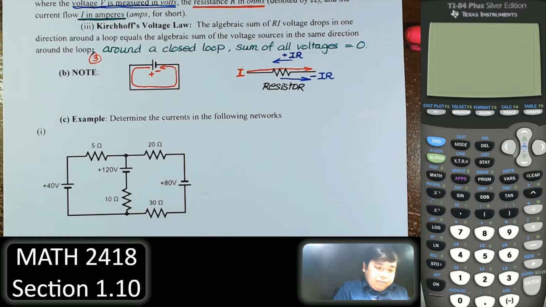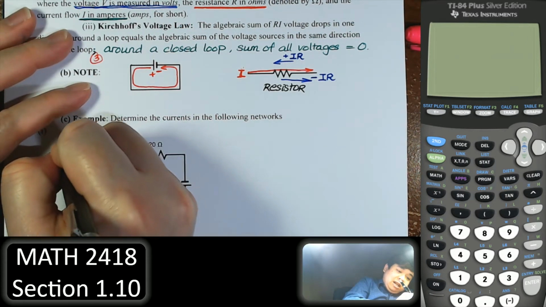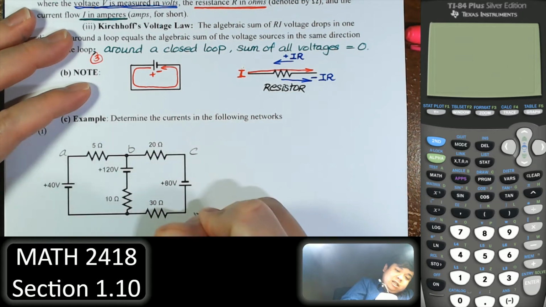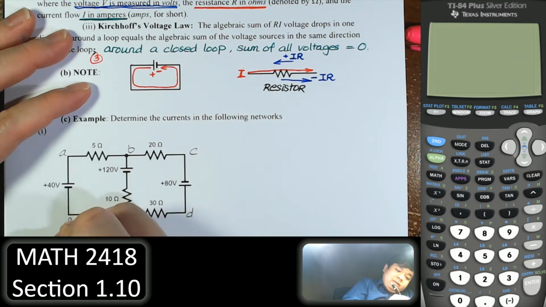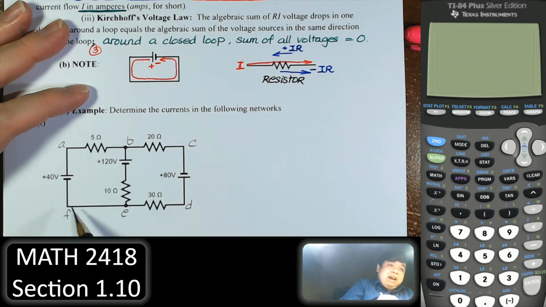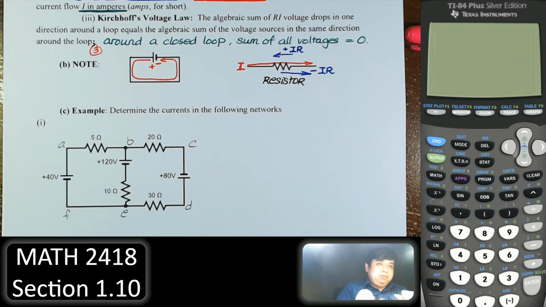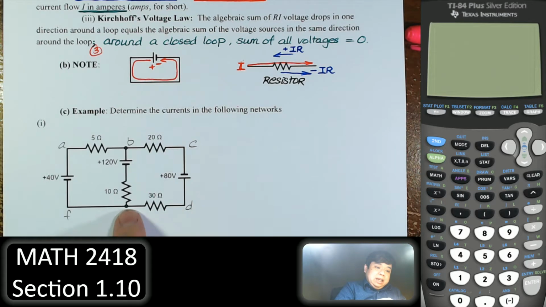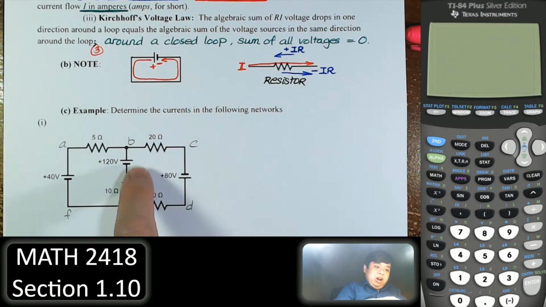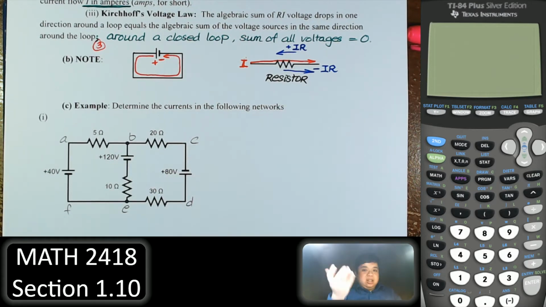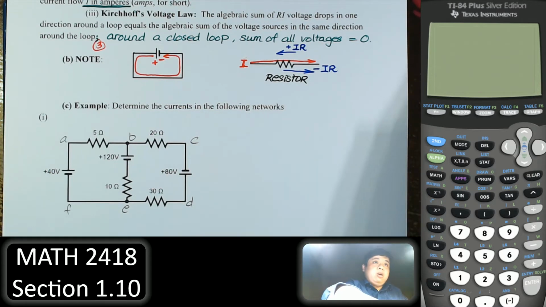Also, a common practice in electrical networks is to label points with letters like A, B, C, D, E, F. So when I say A, B, E, F, we know what loop we're talking about, or the loop E, B, C, D, or the node B, node E. That's just a common practice for this kind of problem.